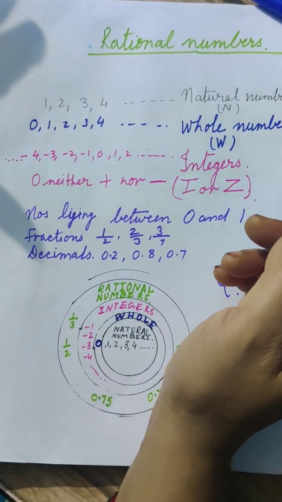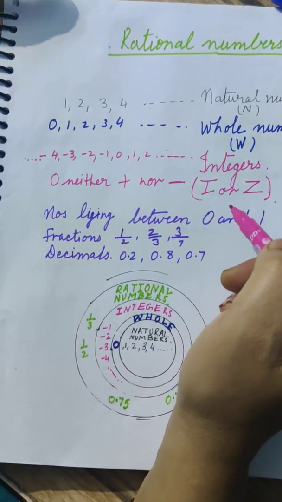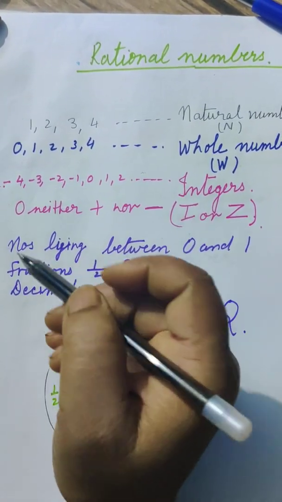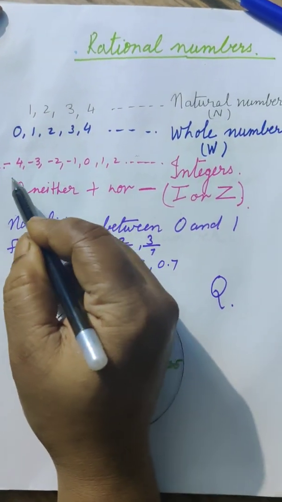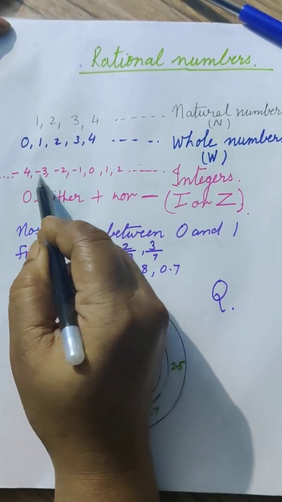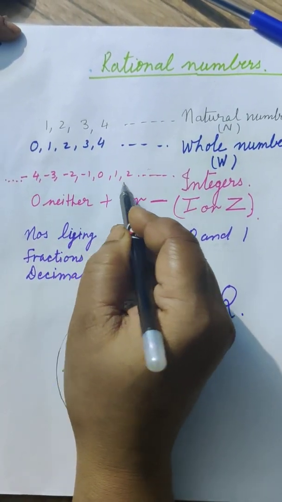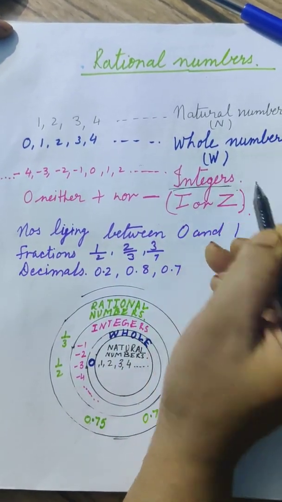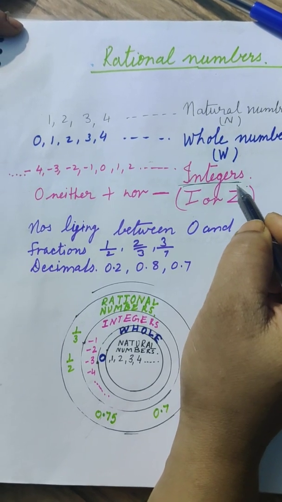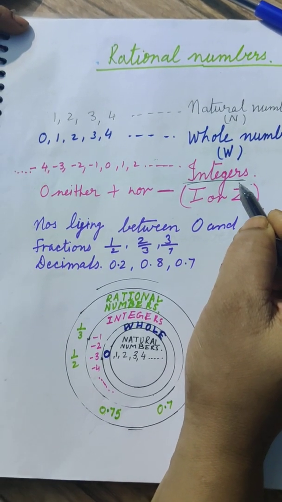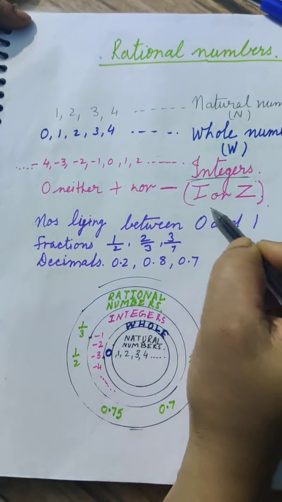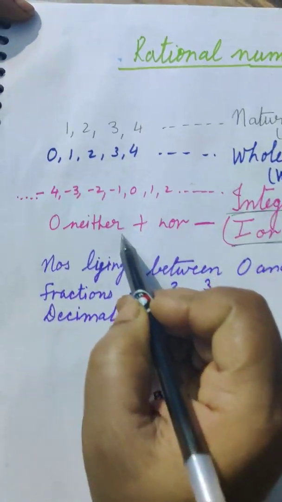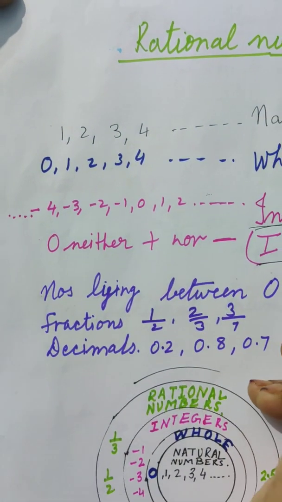This means positive numbers, negative numbers, and a 0 form the set of integers. They are represented by I or Z. 0 is neither positive nor negative.